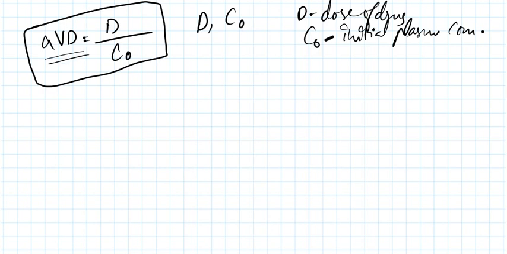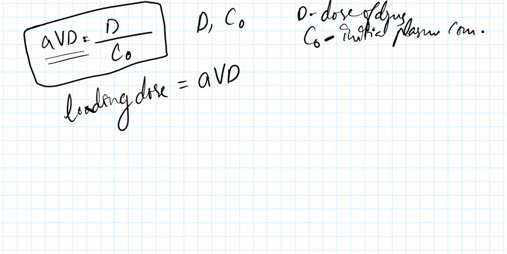Now if someone asks you what is the loading dose of the drug, then it is the apparent volume of distribution times the target plasma concentration.